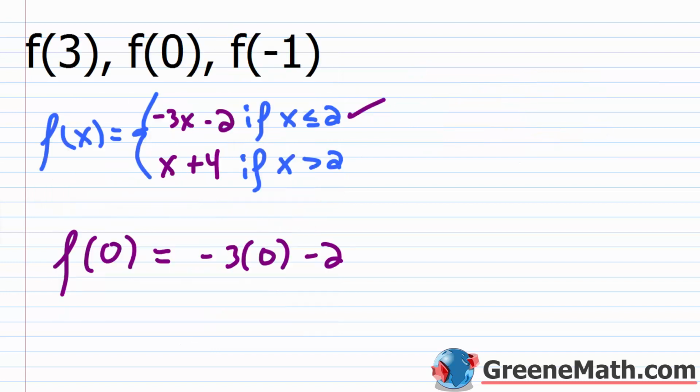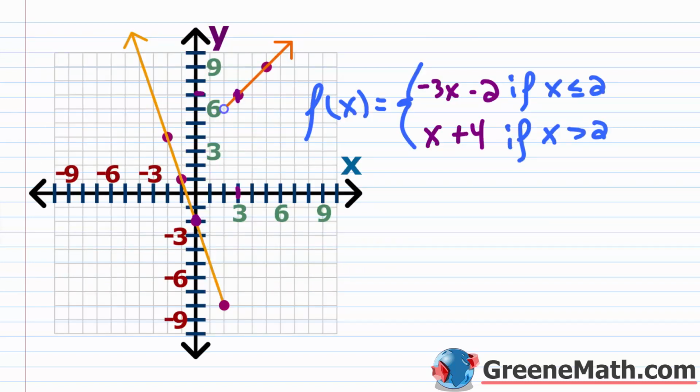So let's go back. For the last one, we have f of negative 1. And again, I'm in this category here. So I'd have negative 3 times negative 1 minus 2. Negative 3 times negative 1 is going to be 3. 3 minus 2 is going to be positive 1. And again, we can check that. So f of negative 1, that's here, and that is positive 1.